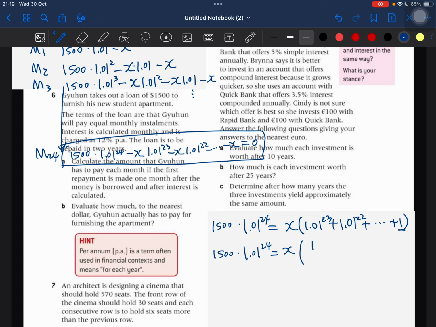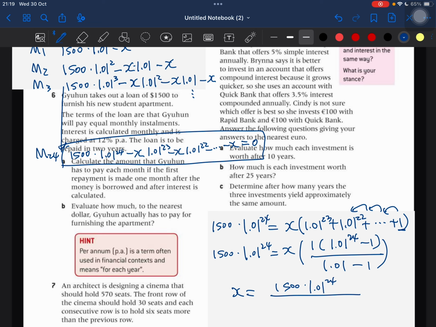The first term is 1, then we go to the next term by multiplying by 1.01 as the common ratio. So 1.01 to the power of 24 terms, minus 1, over 1.01 minus 1. So x is 1,500 times 1.01^24 times 0.01 over 1.01^24 minus 1.